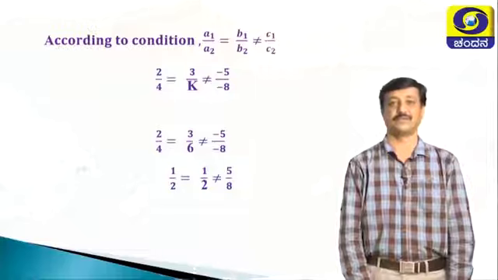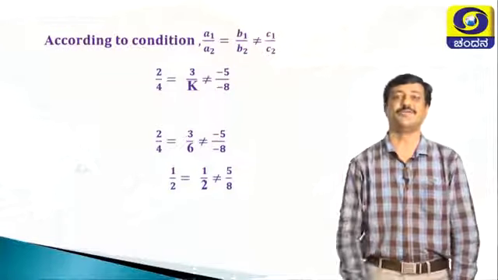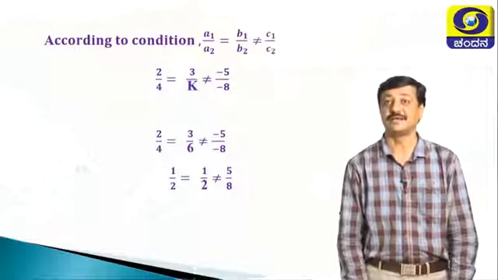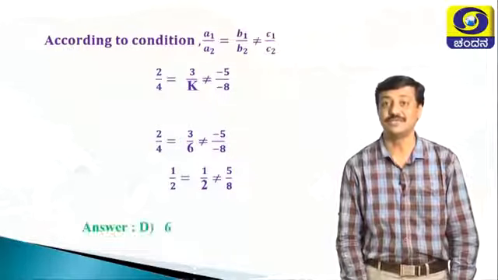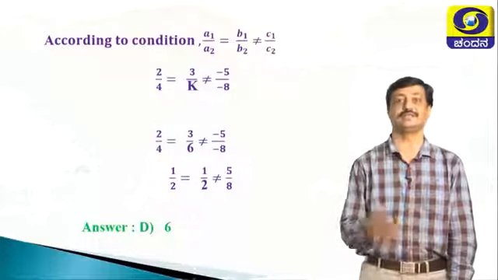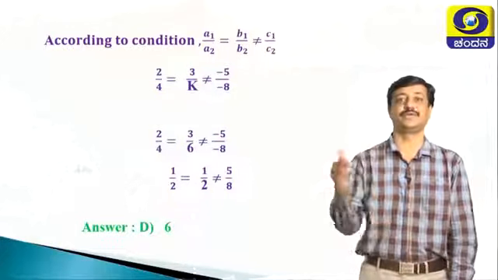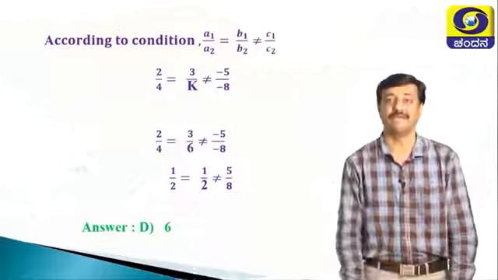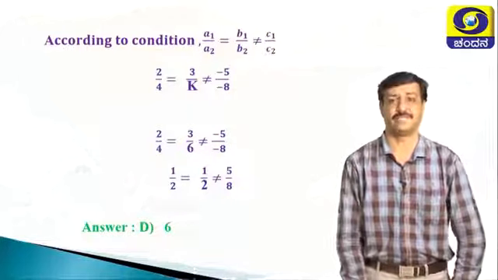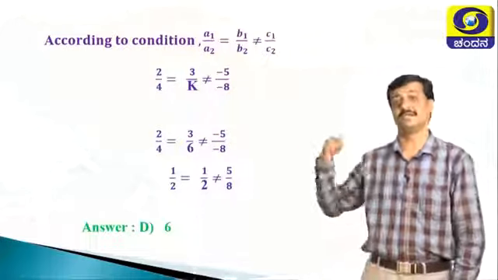If you substitute k value 6, you will get the correct option. Hence, the correct solution is option D, it is 6. So, by substituting the values of k, you can get the correct alternative for multiple choice questions. In this way, you can answer any kind of multiple choice question based on the table.